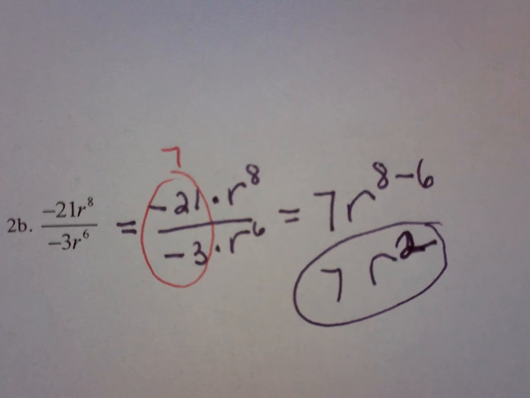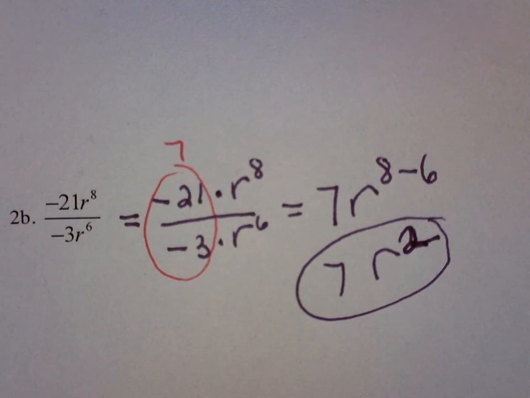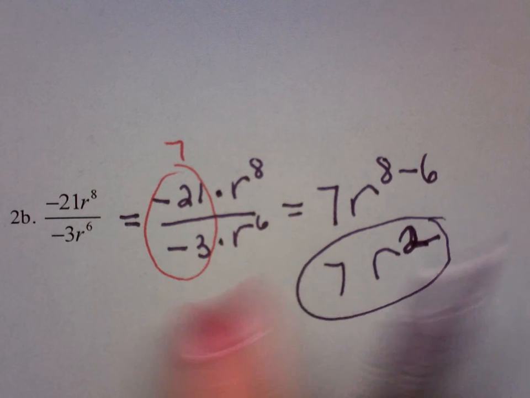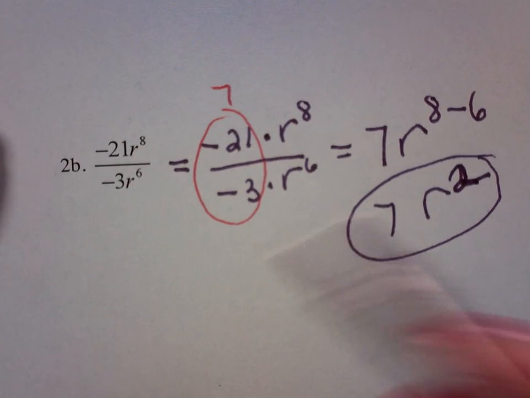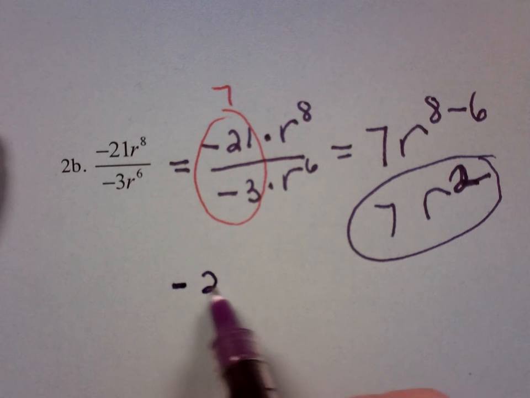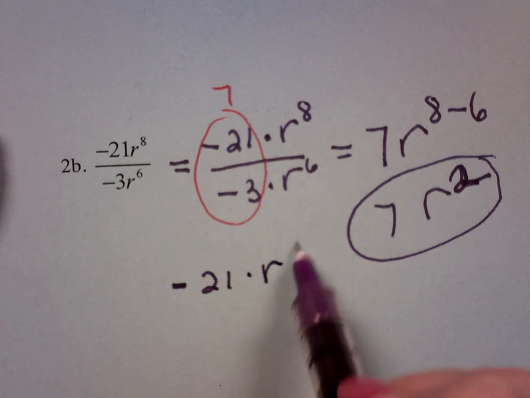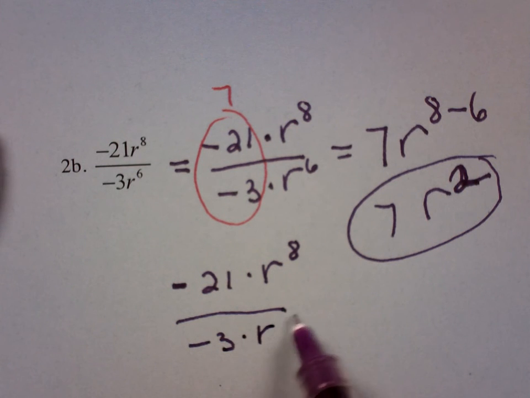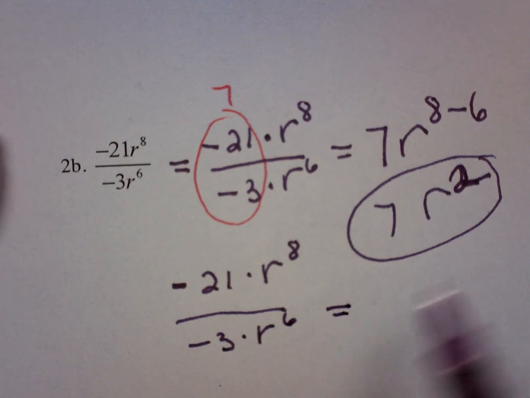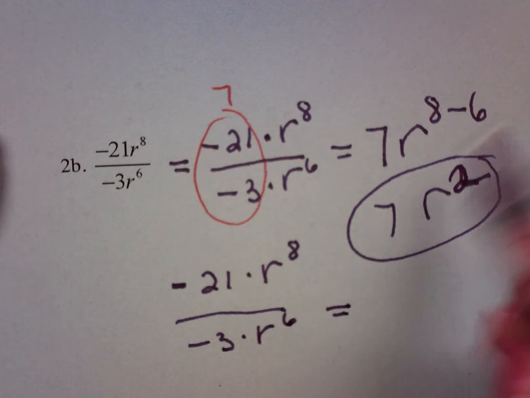Now you don't have to do the problem like I do the problem. Some of you have different ways of doing it. What I really wanted to point out with this problem, which is one of the reasons why I chose it, is that when you're looking at negative 21 times r to the 8 over negative 3 times r to the 6, this is the same thing because of multiplication.